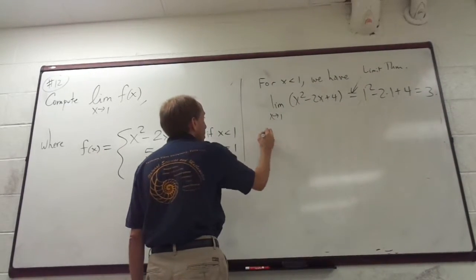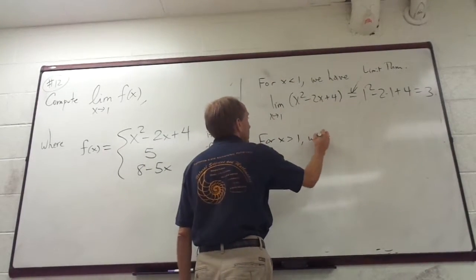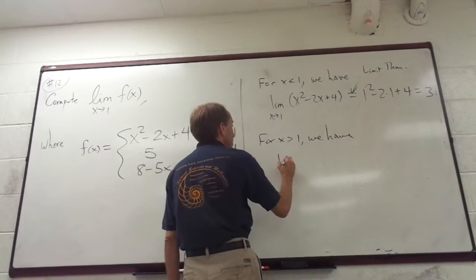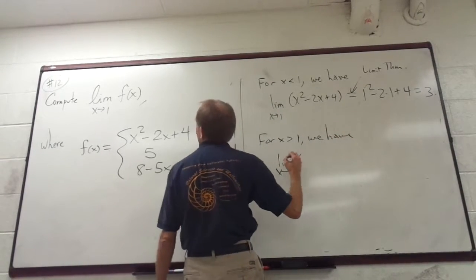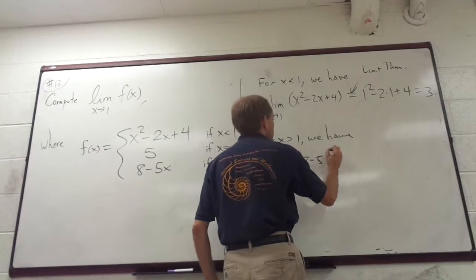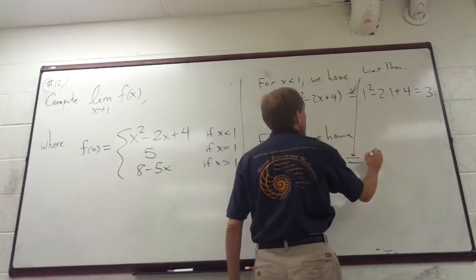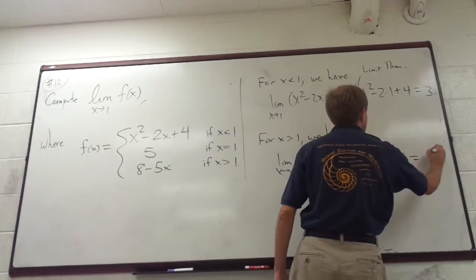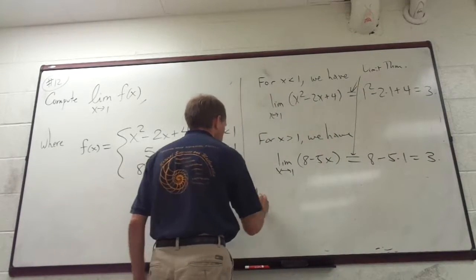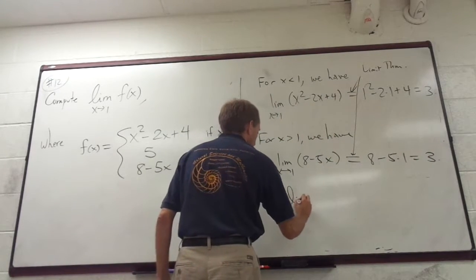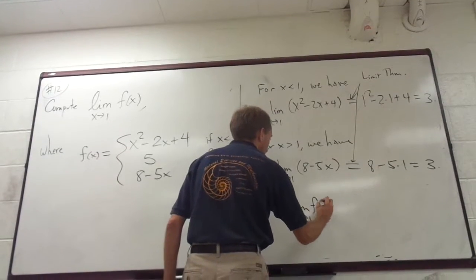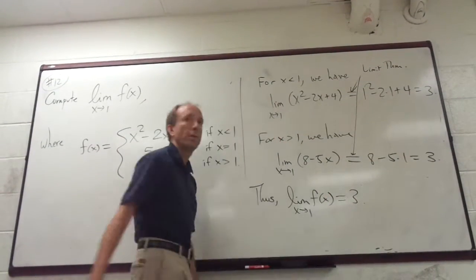And then for x greater than 1, we have the limit as x approaches 1 of 8 minus 5x, which again by the limit theorems is equal to 8 minus 5 times 1 equals 3. Thus, the limit as x approaches 1 of f of x is equal to 3. Do you like that proof?